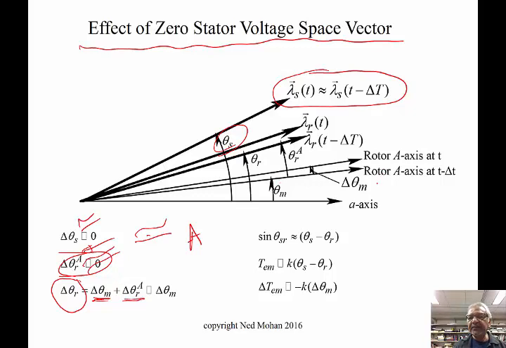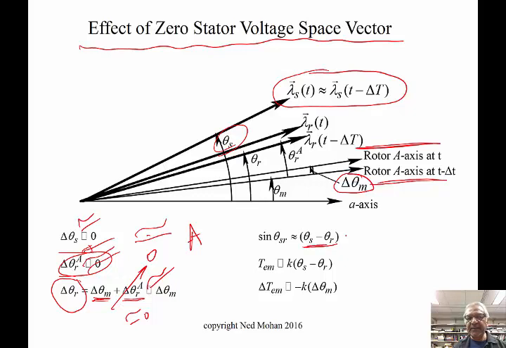So the rotor A axis was here at the previous time step, and the rotor A axis is over here. So there is a change in this mechanical angle, but this part over here is essentially 0. So you can see that this again is approximately equal to theta sub m, because this part is essentially 0 here. Okay, and then you can see that sine of theta sub sr is really the difference of these two over here. But for small values of angle in radians, you can say the sine is the same as the angle itself.